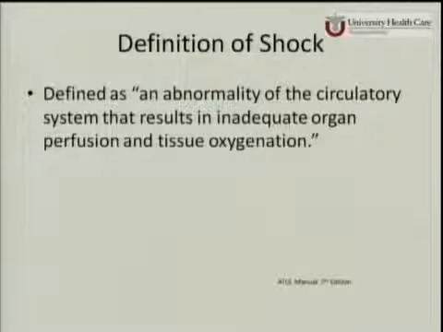After a few minutes of depleting the cells, the cells no longer work how they should. So the goal with the treatment of shock is always to try to get blood and oxygen and nutrients to those cells that need it the most at the time. In most cases, that's going to be the brain and the heart and, in some cases, the kidneys also. So that's what we're looking at when we're talking about exactly what shock is.